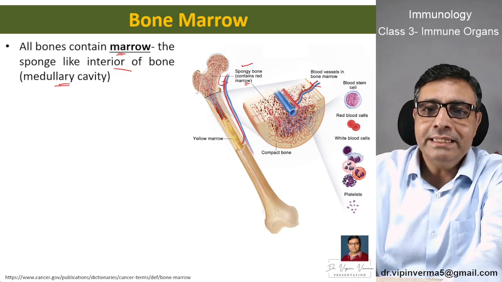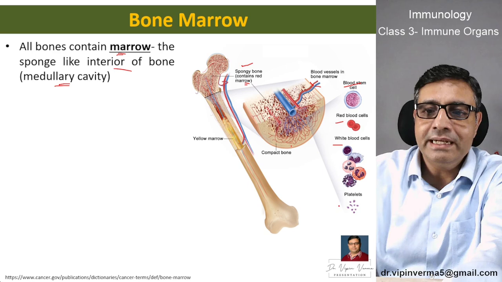And in this spongy area you will see the blood stem cells, which are the hematopoietic stem cells. You will see differentiated cells like RBCs, lymphocytes, and platelets. So everything you will see within this spongy bone.